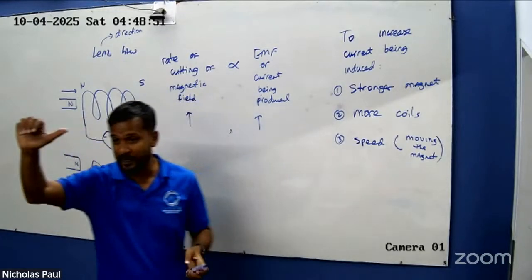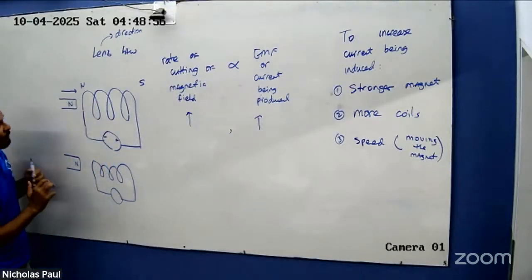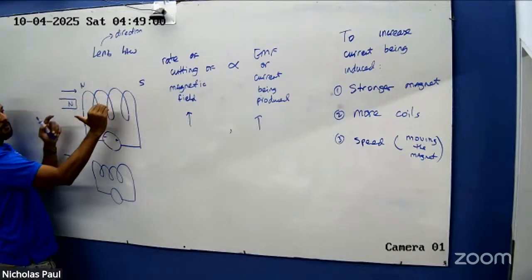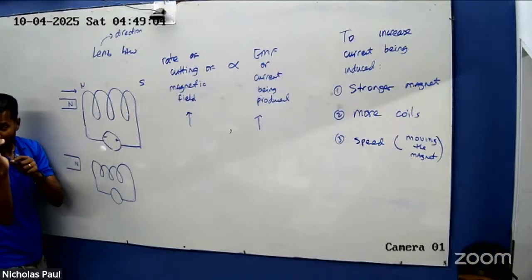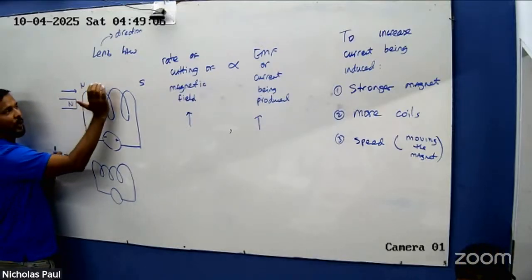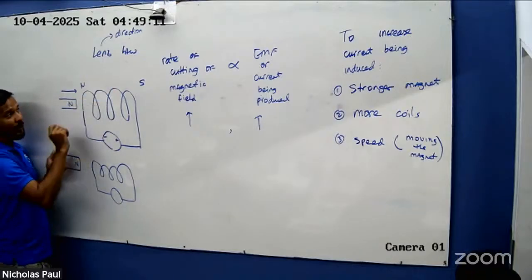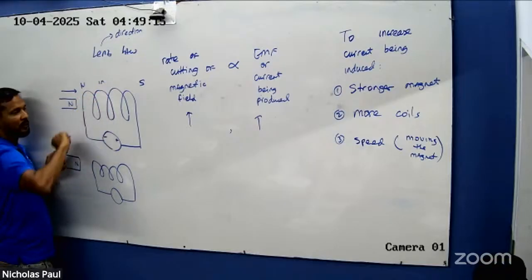So watch it here. North is towards me, south is there. With my right hand grip rule, my fingers are going into the whiteboard and then coming out.